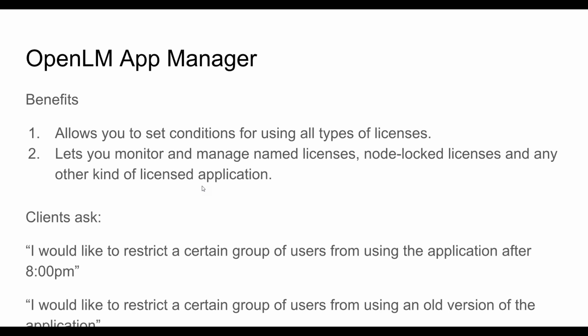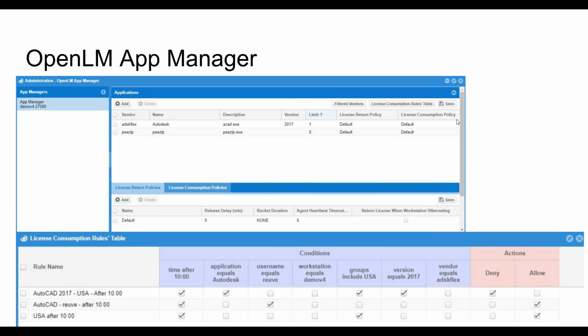The Openlm App Manager lets you specify conditions to restrict and allow license usage on the end user workstation. So for example, you can set a condition that excludes all USA members from using Autodesk 2017 after 10 a.m. as seen here on the bottom.